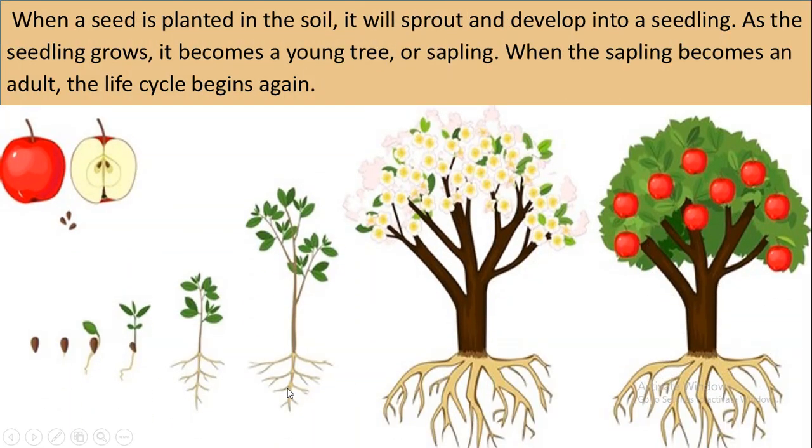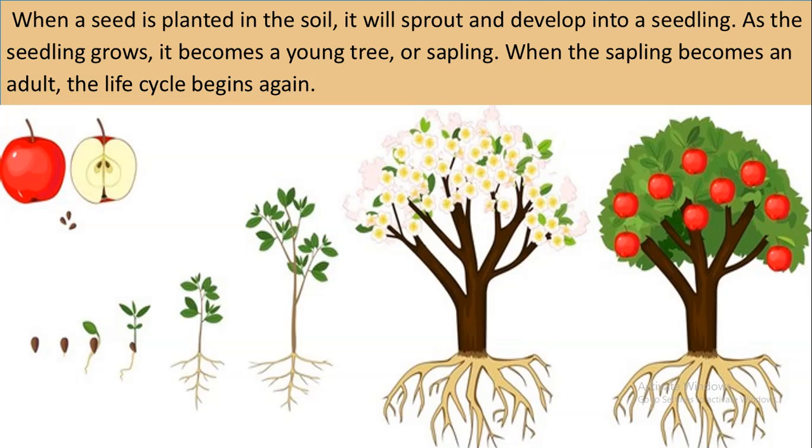Again, when a seed is planted in the soil, it will sprout and develop into a seedling. So we're going to start with the seed. It will sprout, seedling, sapling, young tree. The young tree will grow into an adult tree.